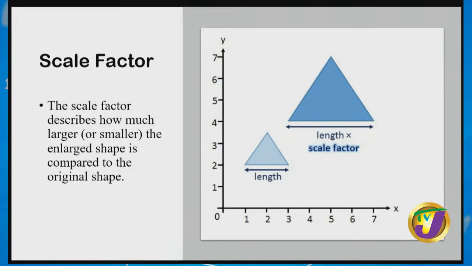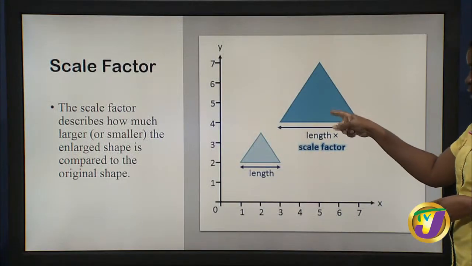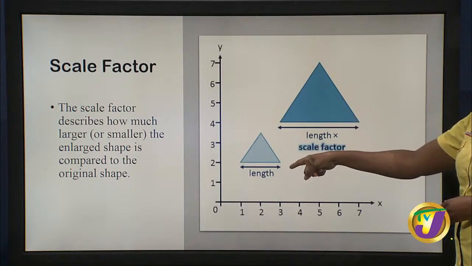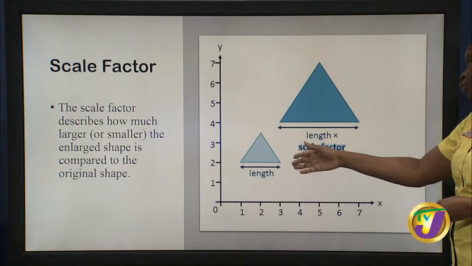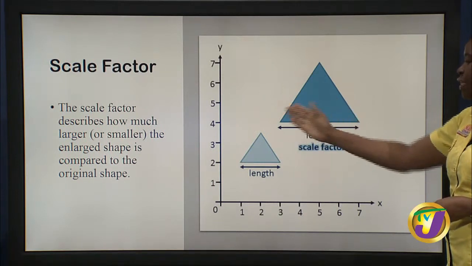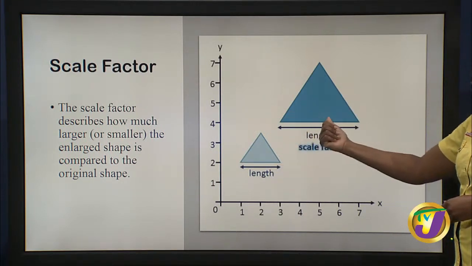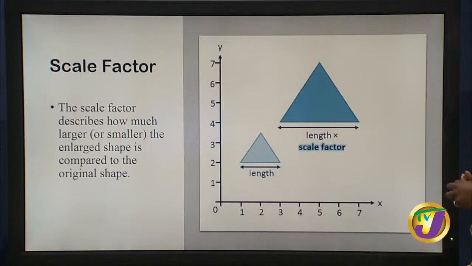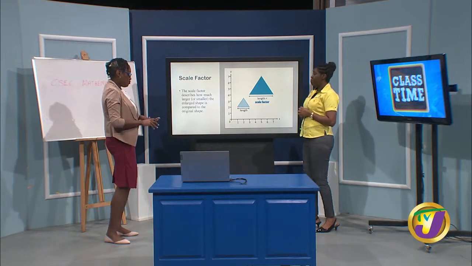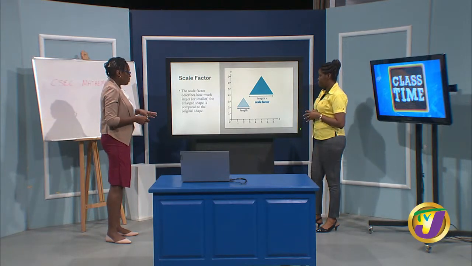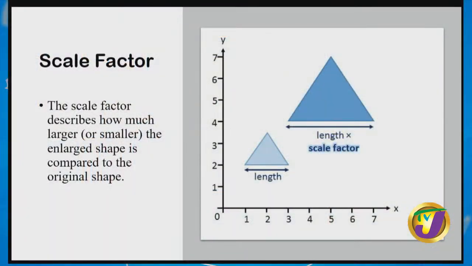This triangle is twice the size of this one using the scale factor 2, or we could say that this one is half of this size. Basically, the scale factor describes how much larger or smaller the enlarged shape is compared to the original shape.